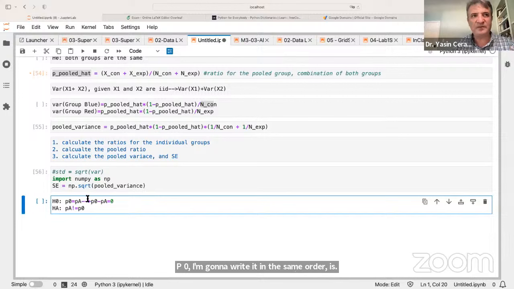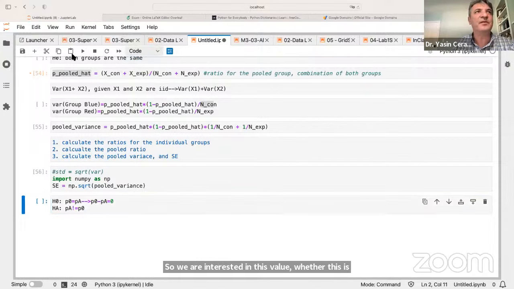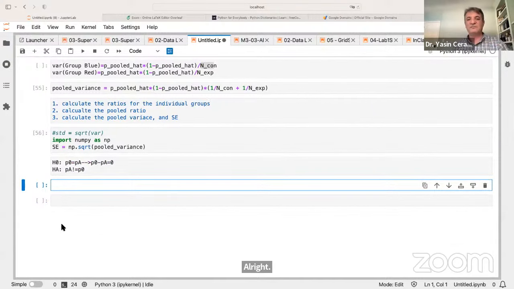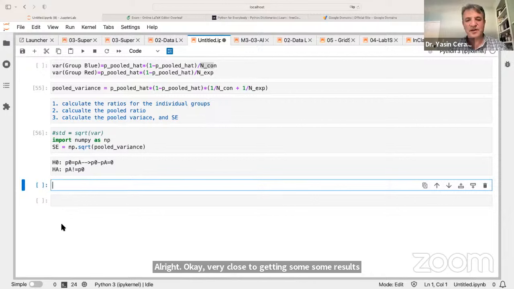That is what we are assuming. So we are interested in whether this value is equal to 0 or not. That is our interest. Very close to getting some results. Any questions up to this point?